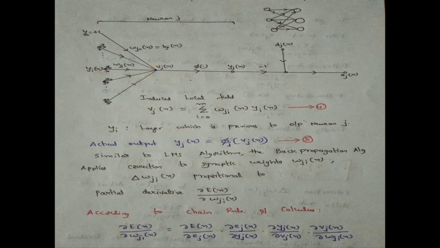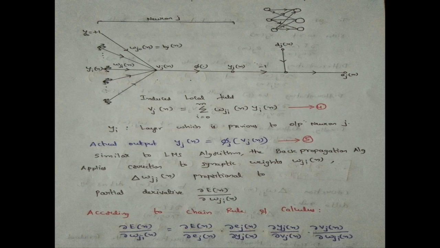Now the actual output y_j(n) is written as y_j(n) = phi_j(v_j(n)), that is the activation function of v_j(n), because now we are getting the output as a function of the activation function of v_j(n). This is equation number 5.